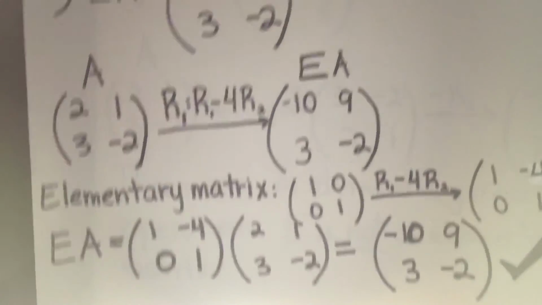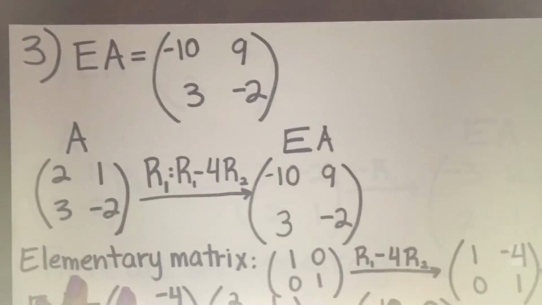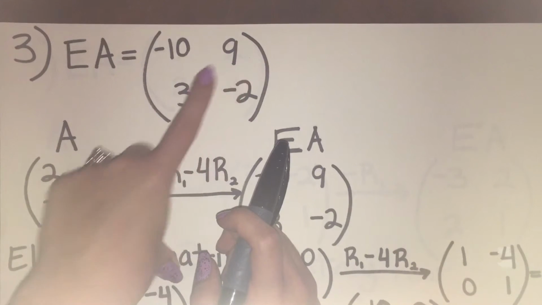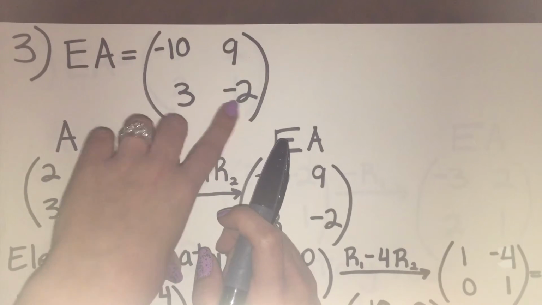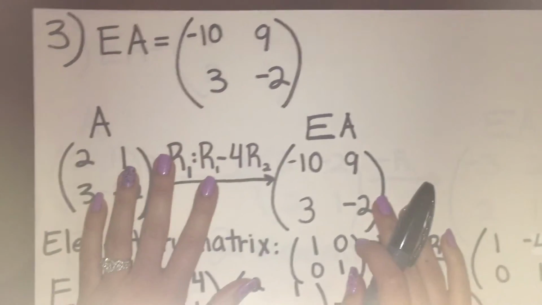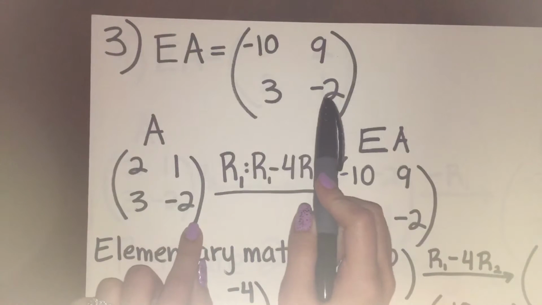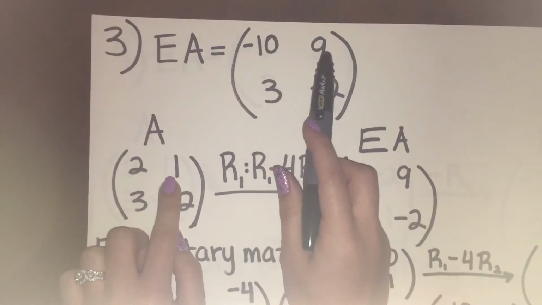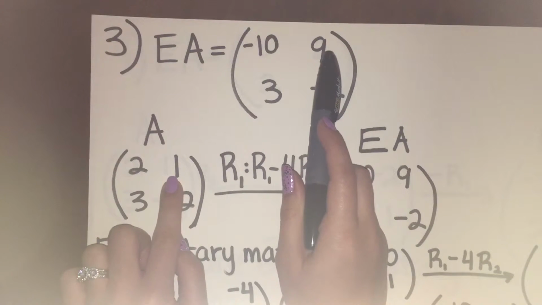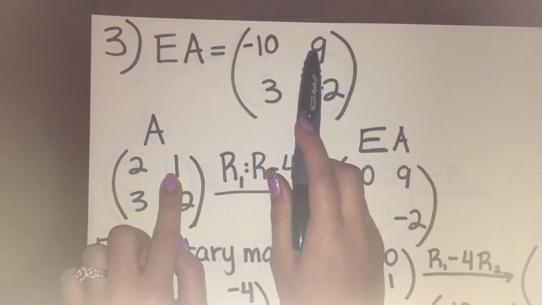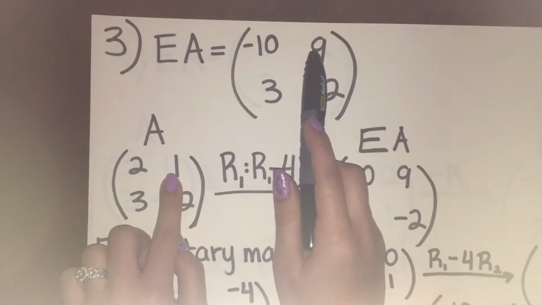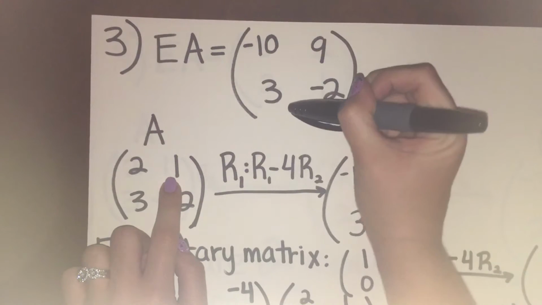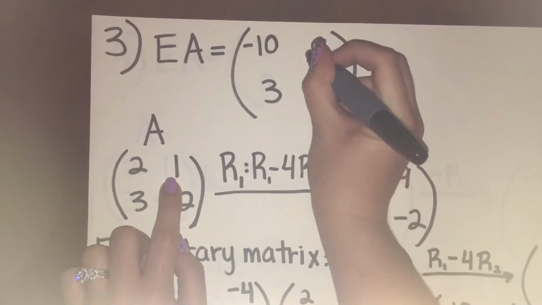Moving on, we have the third case, where EA is equal to a matrix with entries negative 10, 9, 3, and negative 2. In this matrix, we see that there is no change to the second row. However, there is a change to the first row, and it is not a change that can be obtained by multiplying by a constant. So it's easy to assume that this is a type 3 row operation where you multiply the second row by a constant and add or subtract it to the first row.